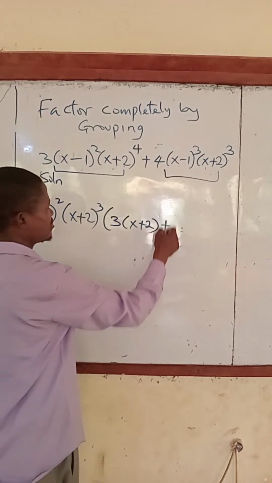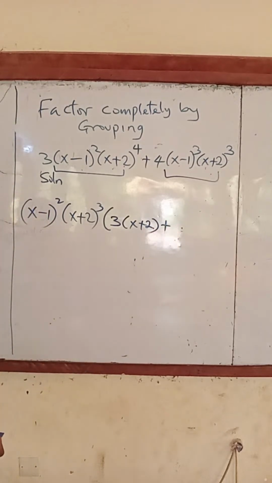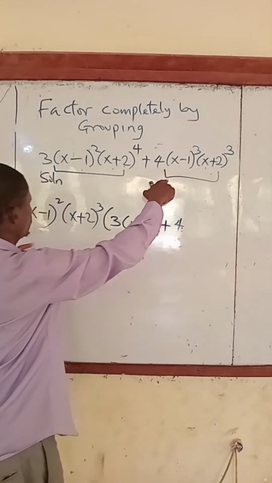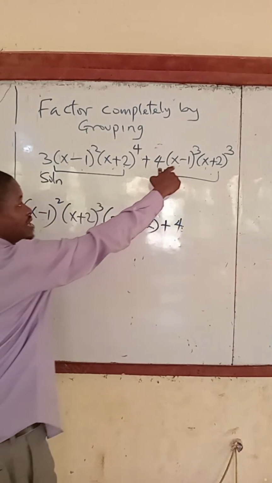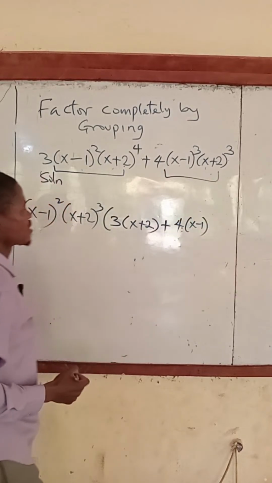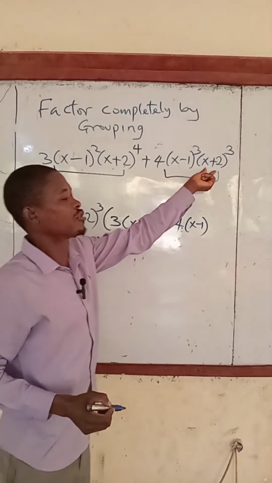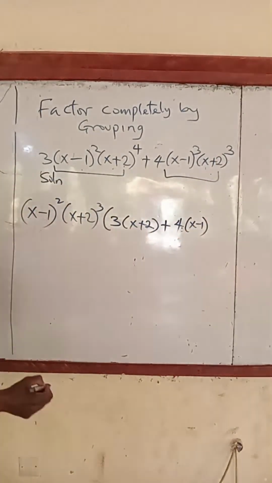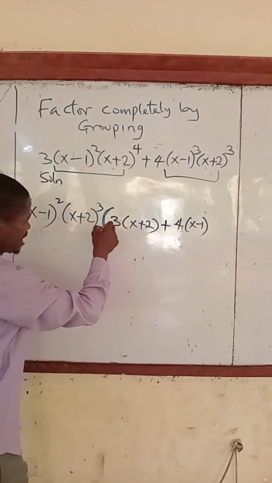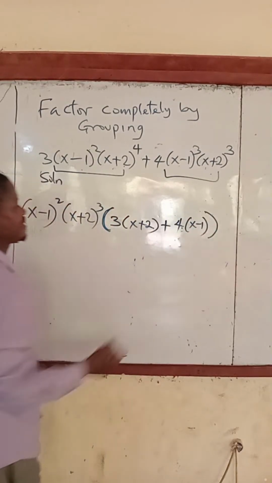Then x minus 1 to power 2 is already outside, so here it will remain x minus 1. And x plus 2 power 3 is already outside. So the bracket you open here, close it in this place.